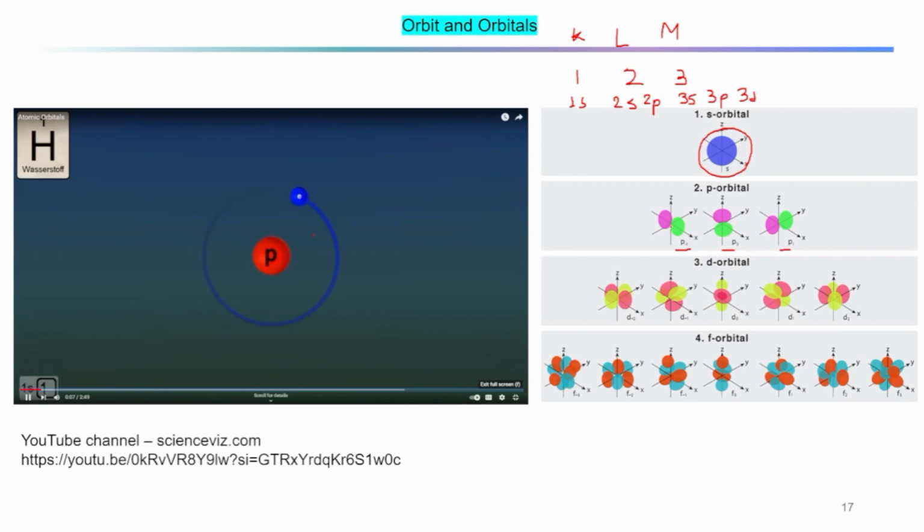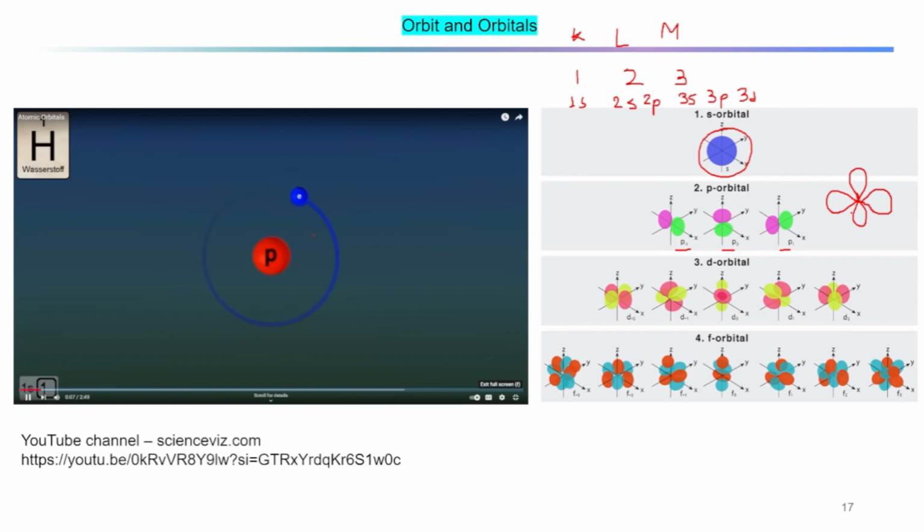You can see in the center the electron density is 0, and as you go further from the nucleus, the electron density increases. So it looks like a dumbbell. In the center the electron density is 0, and as you increase r, going away from the nucleus, the electron density increases.